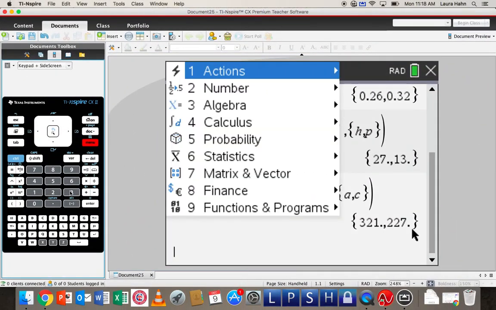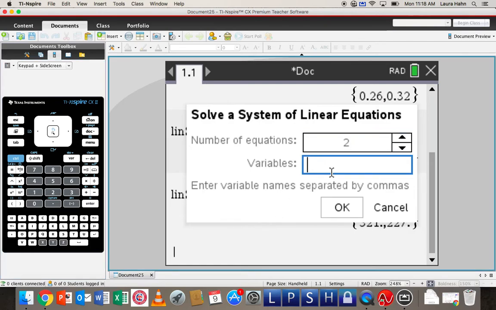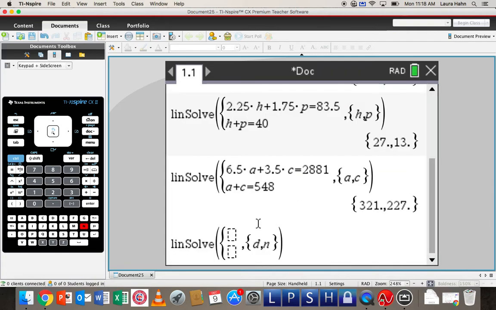Press menu 3, 2. I want to change my variables from x comma y to d comma n. My first equation is 0.10 d plus 0.05 n equals 3.30.